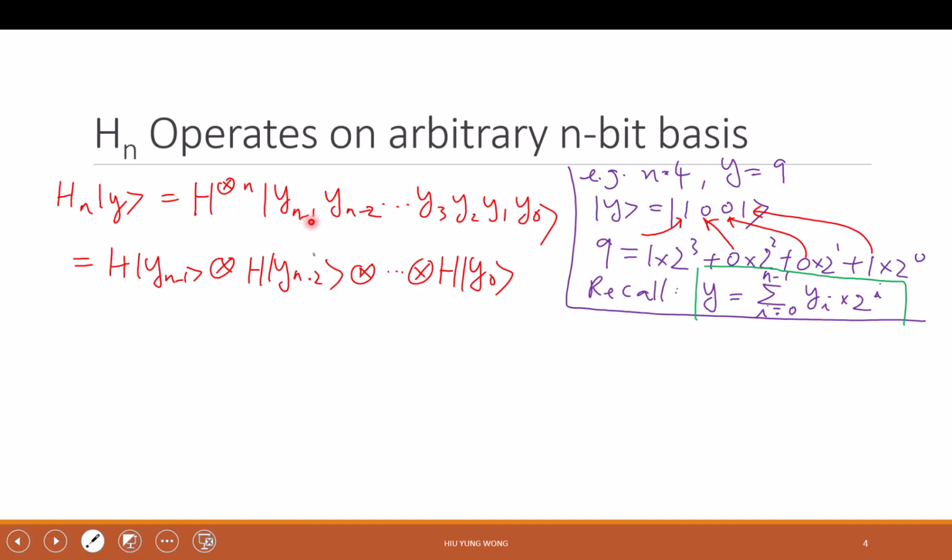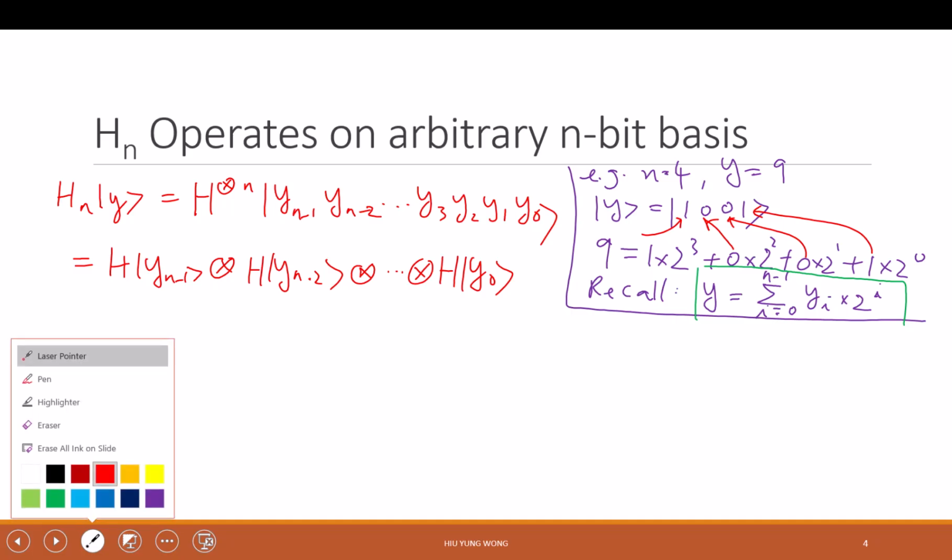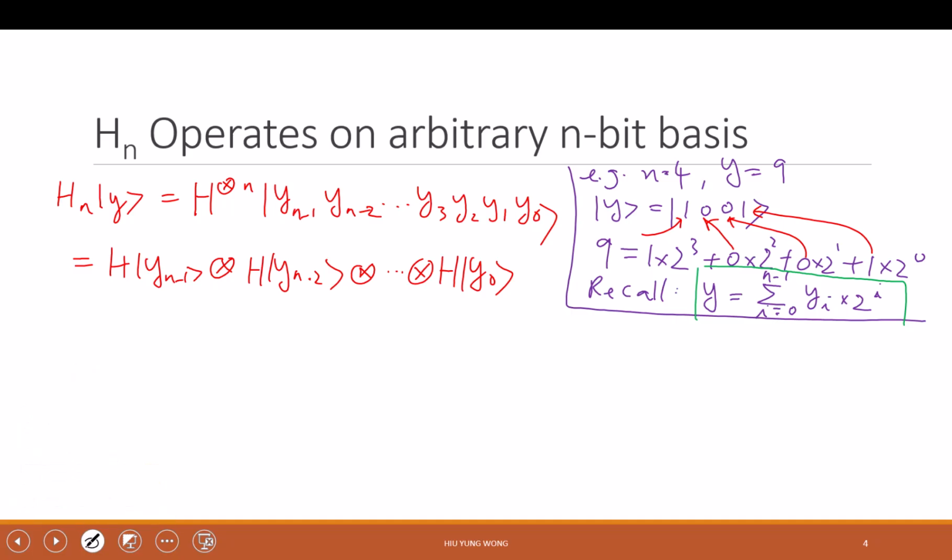I write it this way, the same as ket y_{n-1} tensor product ket y_{n-2}, all the way to tensor product ket y_0, and y_i can be 0 or 1. Questions? We are reviewing. If you don't know this, you may fail the class, the exam. That may give you more incentive to ask questions.